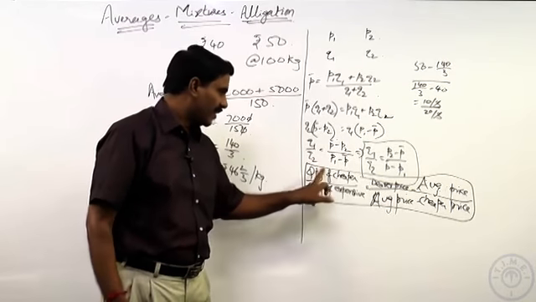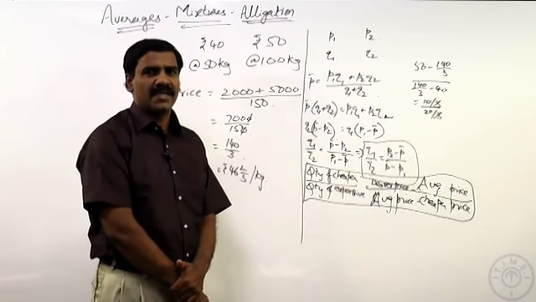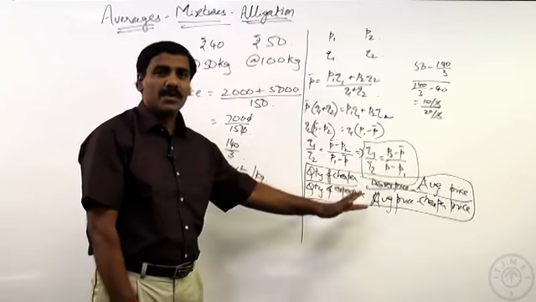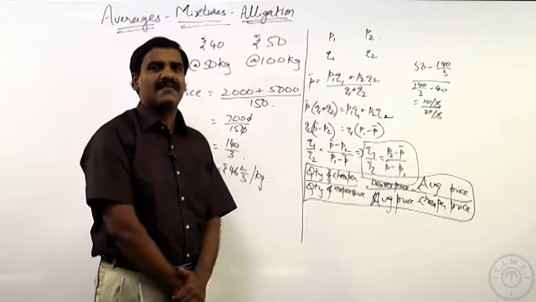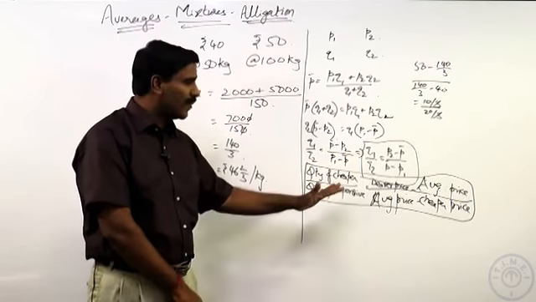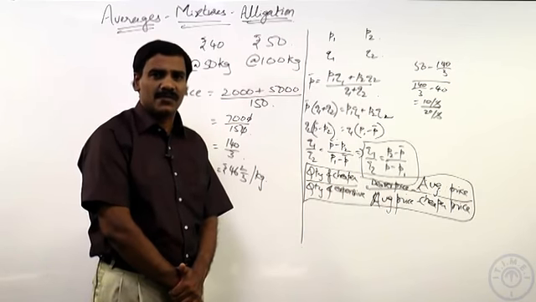So the ratio of the two quantities is always the same as the ratio of dearer price minus average price by average price minus cheaper price. In that way this will be useful in arriving at the answer at a faster rate rather than going for the actual calculation. So let us look at some examples to understand how this alligation rule will be useful.